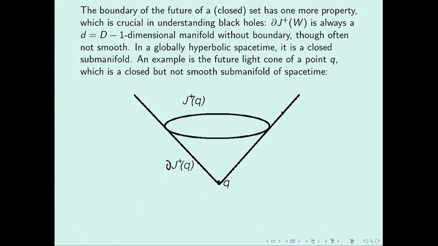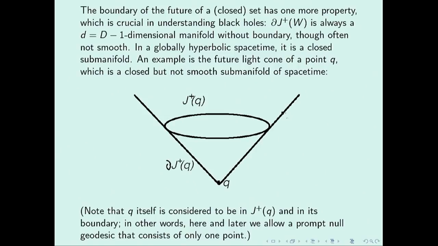So here's an example, which is the future light cone of a point. Here I have to clarify one detail. We consider Q itself to be in its own future and also in the boundary of its future, another causal future. In other words, we allow the case of a prompt null geodesic that consists of only one point Q. Otherwise, we'd have to state too many exceptions.